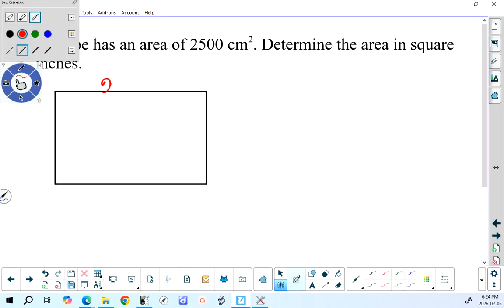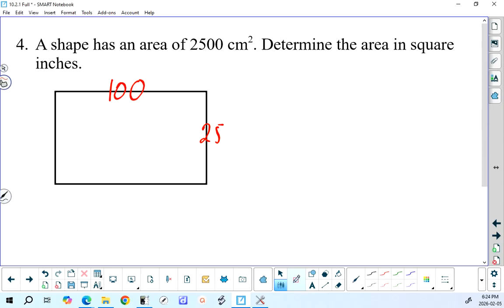If this is 25 and this is 100, just confirm to yourself, either with a calculator or in your head, that 100 centimeters times 25 centimeters will give you 2,500 square centimeters.